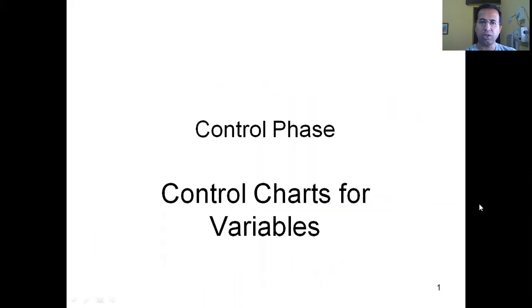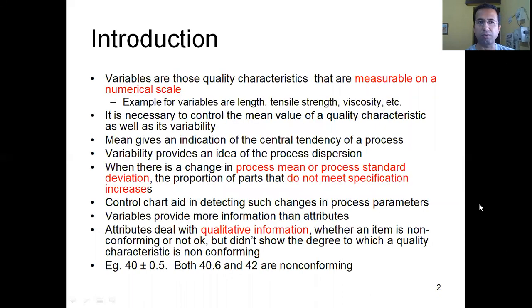Now, control chart for variables. There are two types of control charts we are basically going to do in this. That is control chart for the variables and control chart for the attributes. In control chart for variables, we are focusing on those quality attributes which are quantifiable, with which you can associate a number. So that's why we have control charts for variables.